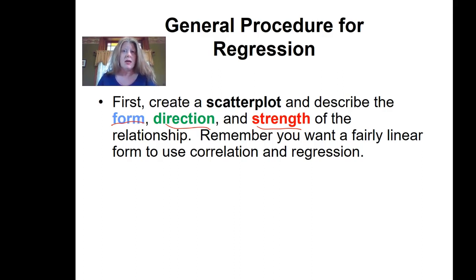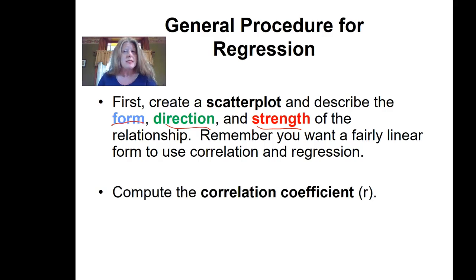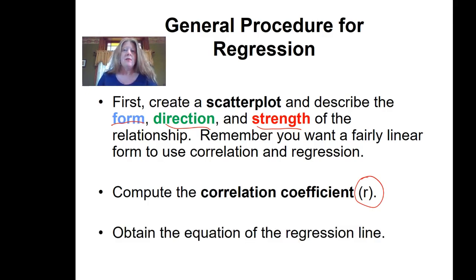We want to make sure, again, that we have a linear relationship between our variables. Once we see that we have a linear relationship, we can go one step further and compute a correlation coefficient. And remember, the lowercase r is the symbol for that. And then if we have a moderate or strong relationship between our variables, it might make sense to go even one step further and try to predict one variable based on another.